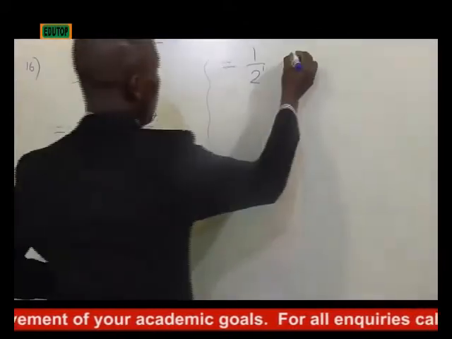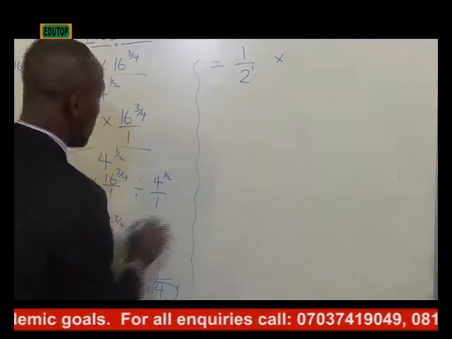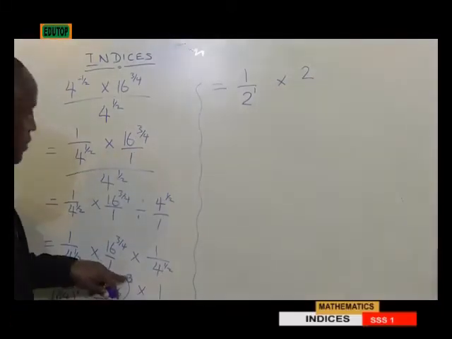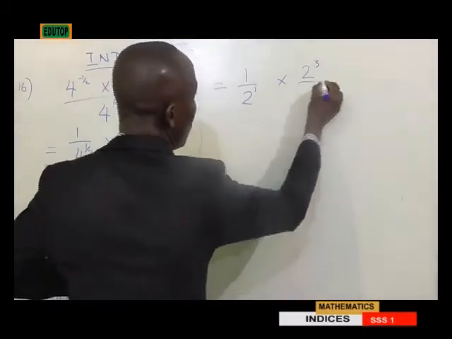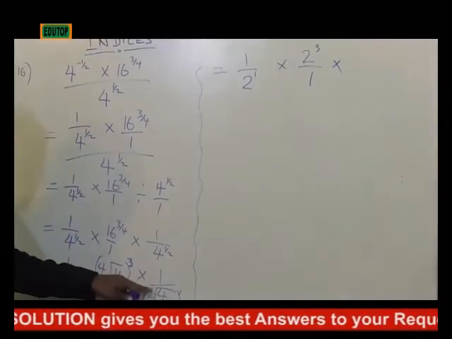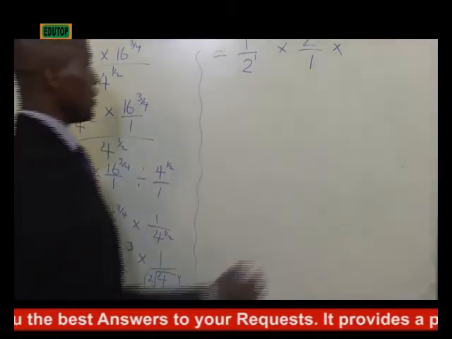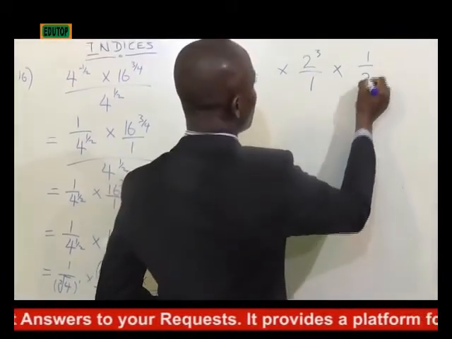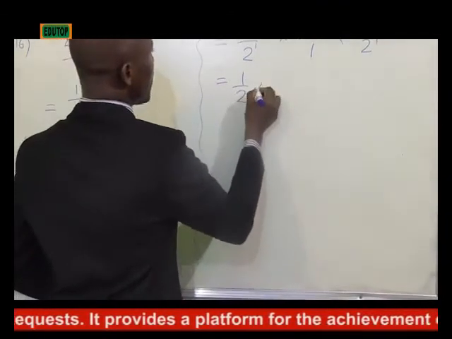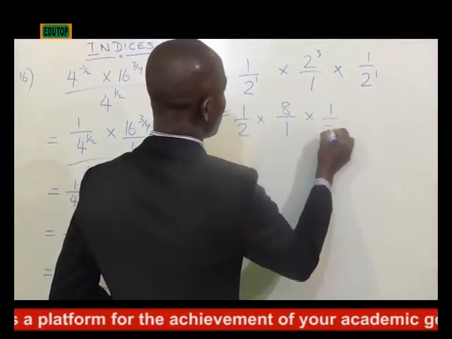That will be times this all over 1, times 2 raised to the power 3, all over 1, times what we are having here, the square root of 4 is 2. So we are having 1 over 2 raised to the power 1. So what we are having is 1 over 2 times 8 over 1 times 1 over 2.